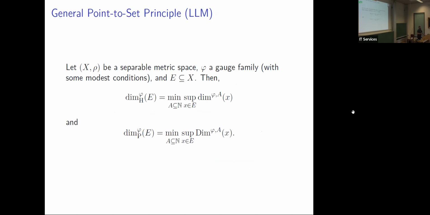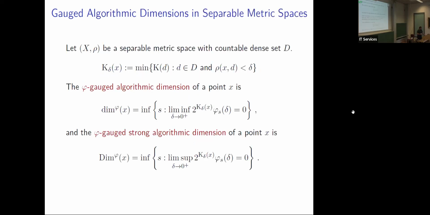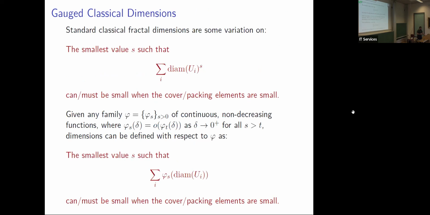I mean, it's basically that you need these gauge families to not be jumping around too much in S. But I don't remember the exact quantitative characterization here. So we had that as one of the parts of the definition of the gauge family.